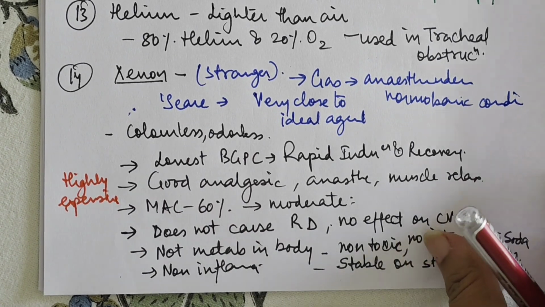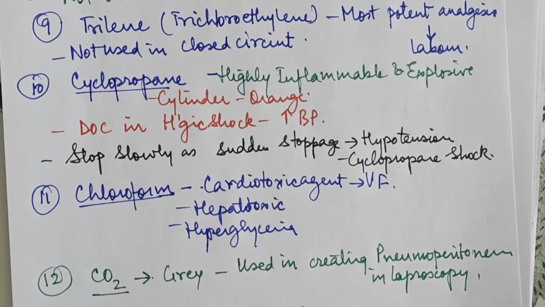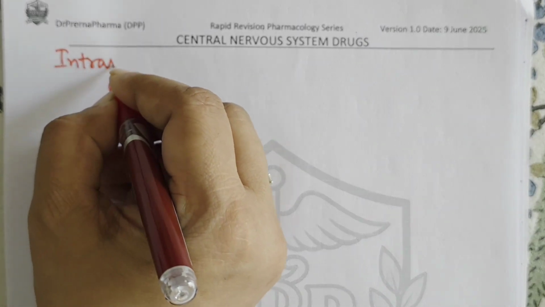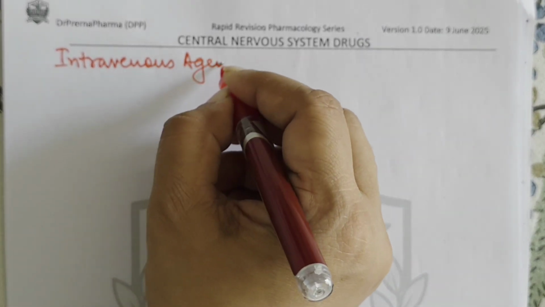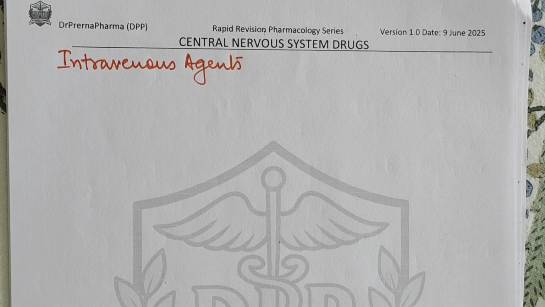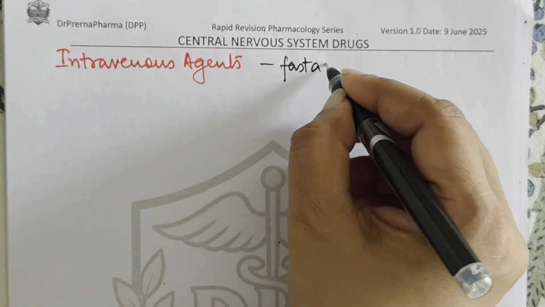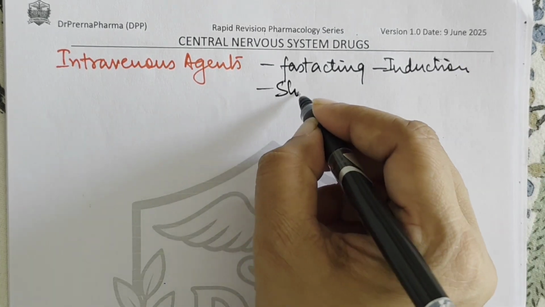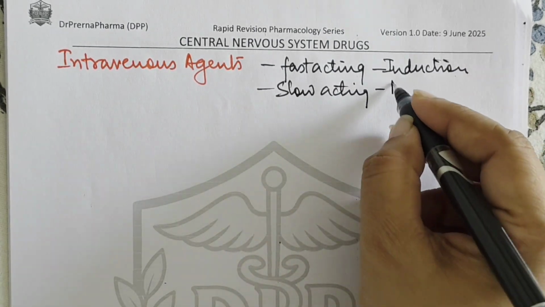So these are the inhalational agents that we have completed till now, right? The next drugs that we discuss are the intravenous agents. So these are the drugs, intravenous agents. They are fast acting and slow acting. So fast acting are used in induction and the slow acting are used for maintenance.